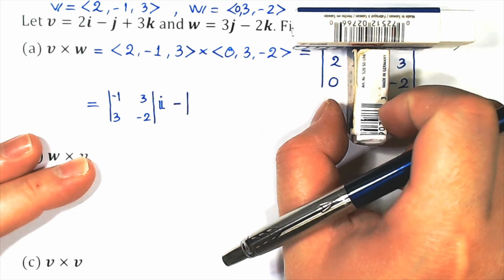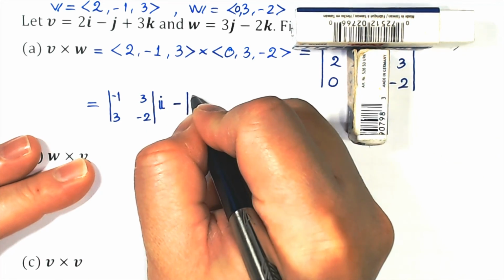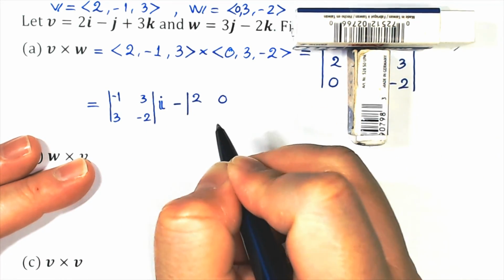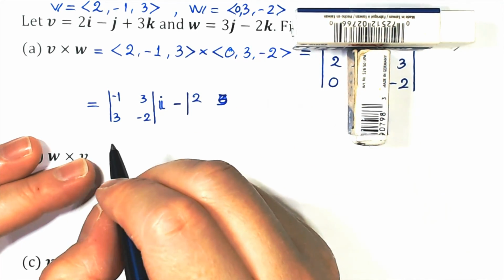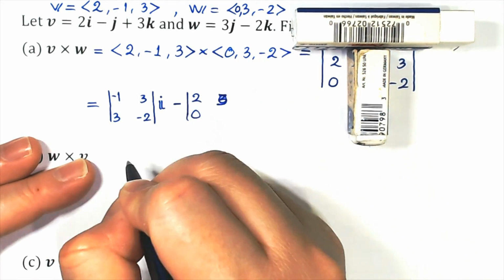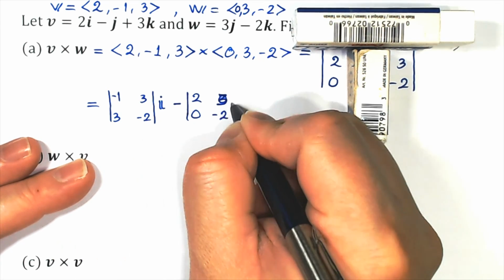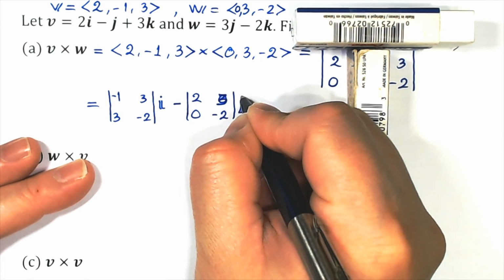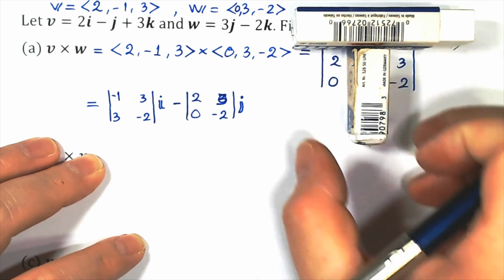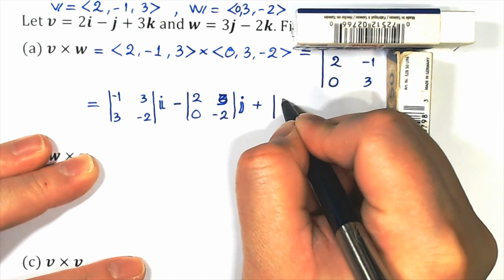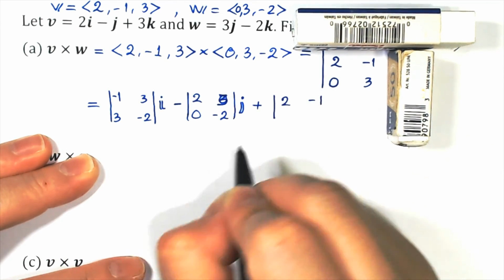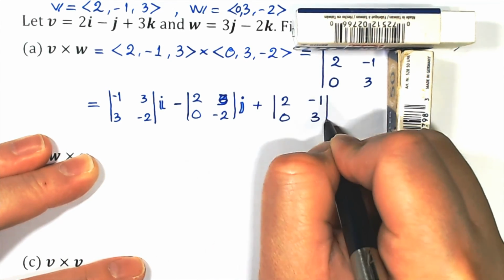We're going to have 2 and 3, 0 and negative 2. That's for j, and for k, 2, negative 1, 0 and 3 for k.